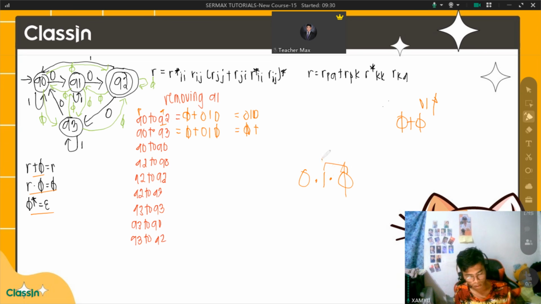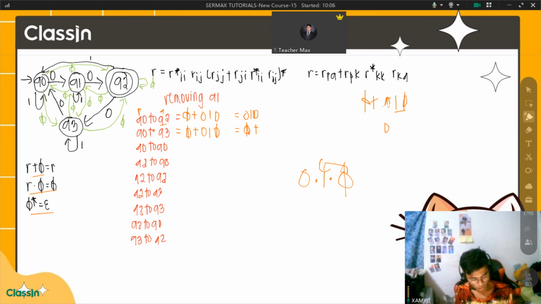So this will be multiplied with the 1. So 1 times the, so 0, 1 is 1 plus 0, 1, and it will become null. So 0. Okay, okay.